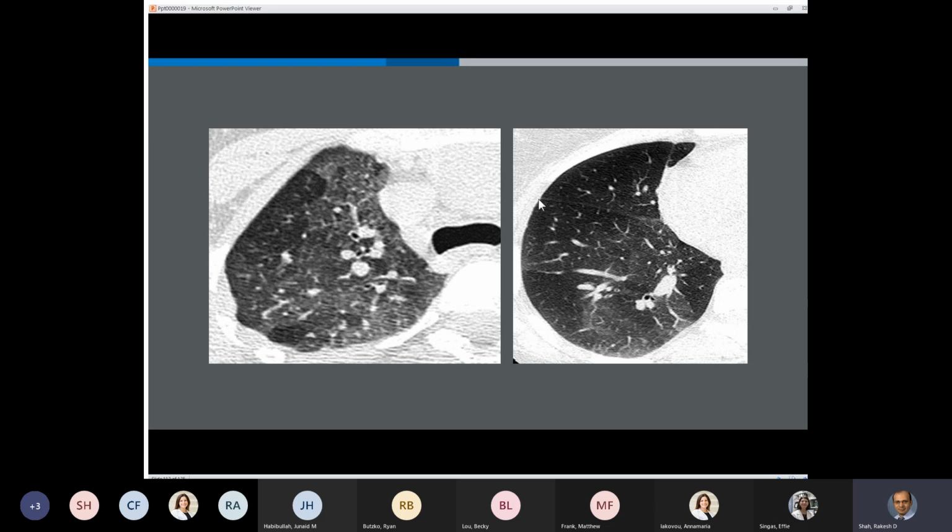So it gives you a hint that maybe now we're dealing with a picture of mosaic attenuation, and that in fact it is the darker areas that are abnormal and not ground glass, because the differential diagnosis is very different. If you find that it is harder for you to tell, then you can do an expiratory scan to accentuate this finding.